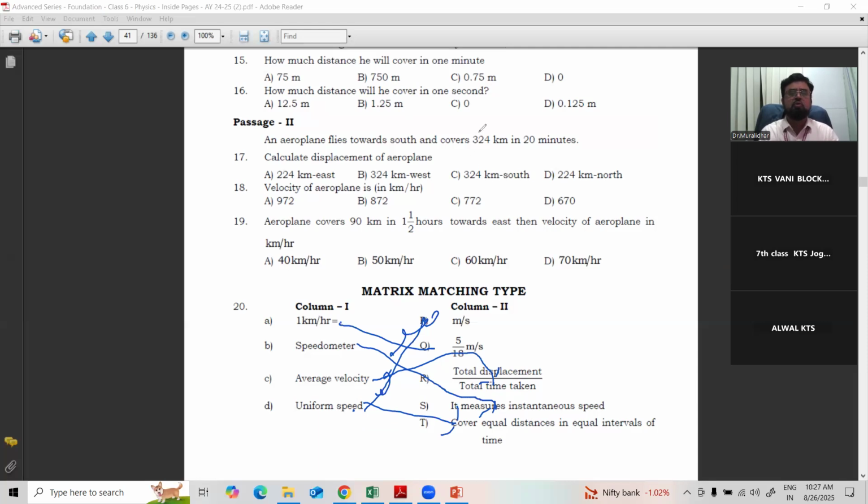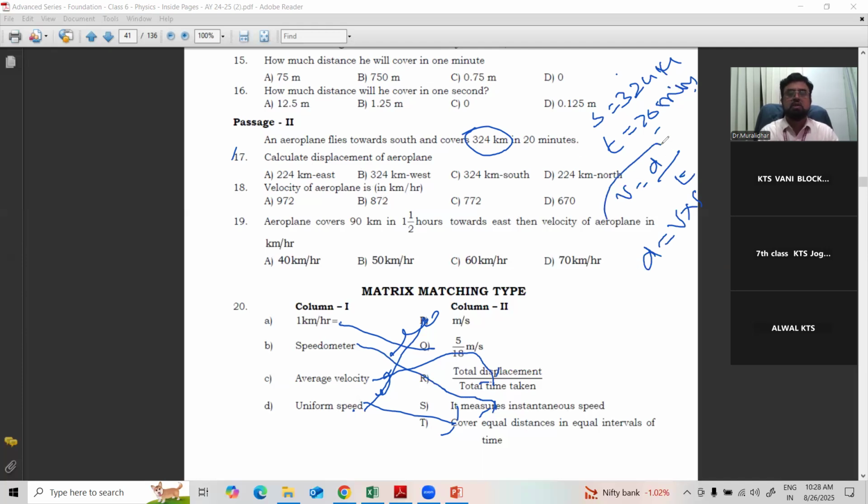Anything you can easily do if you have the will. 324 kilometers distance traveled, 324 kilometers given. Time is given in minutes. Right? Either you have to convert this into meters or this into hours to get what is asked, to calculate the displacement. So velocity is equal to displacement by time. So displacement is equal to velocity into time. Right? So what is the displacement you have to calculate as well as velocity also you can calculate.